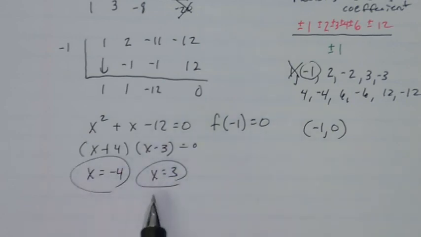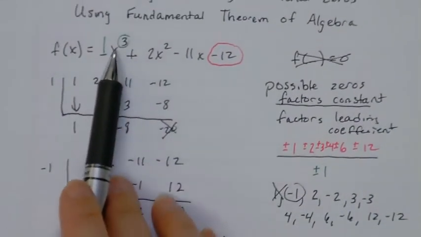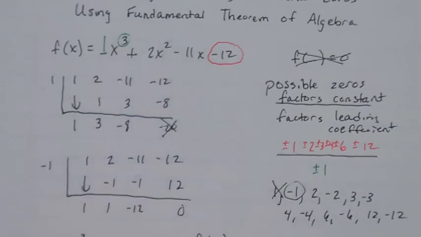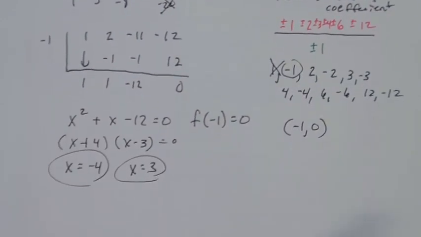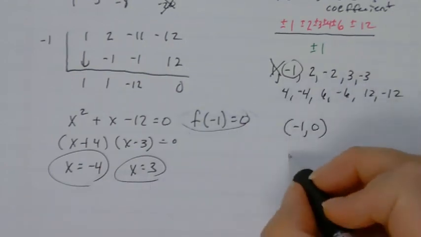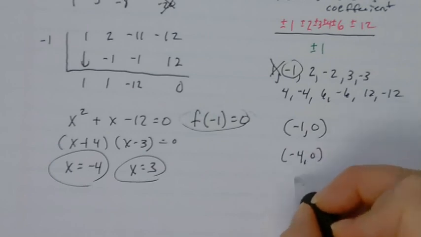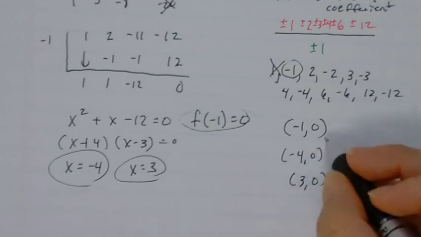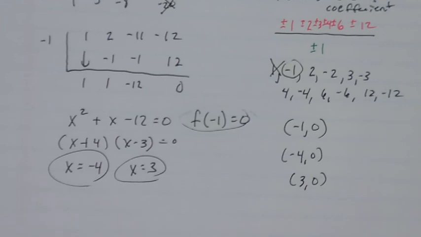So now I found all three zeros. I knew I would have three zeros because this was an x to the third equation. In fact, this one actually happened so that every one of my zeros was actually on this list. So I have a 0 at negative 4, 0, and 1 at 3, 0. So actually all three of these would be x-intercepts because they're all real numbers.